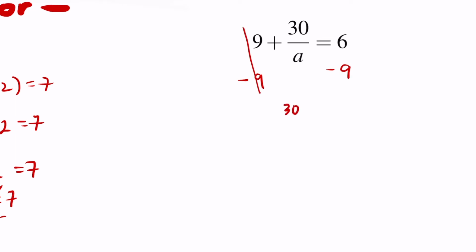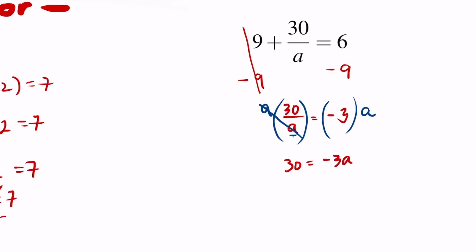We are left with 30 over a equals 6 minus 9 is negative 3. Now, how do we get rid of the fraction? We multiply it by the denominator. Since we're multiplying it by the denominator, we can cancel that out. You are left with 30 is equal to negative 3a.